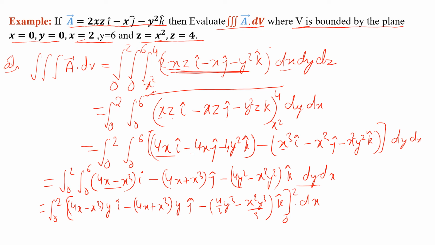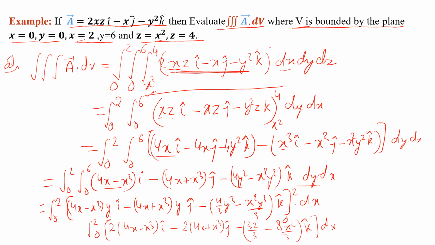So here you see the limit is applied on that term, so we get 2, 0 to 2, that is 2(4x − x³) i − 2(4x + x³) j, and here we get 4 into 8, that is 32/3 minus 8x²/3 k dx.